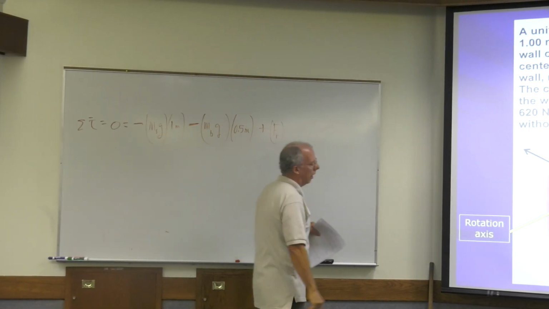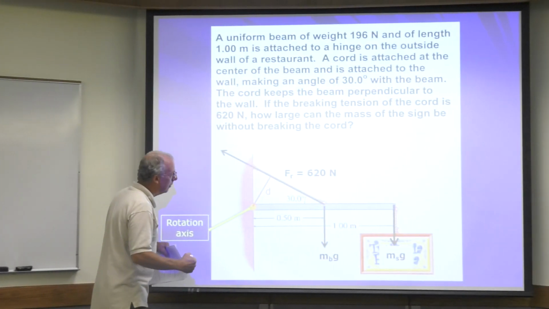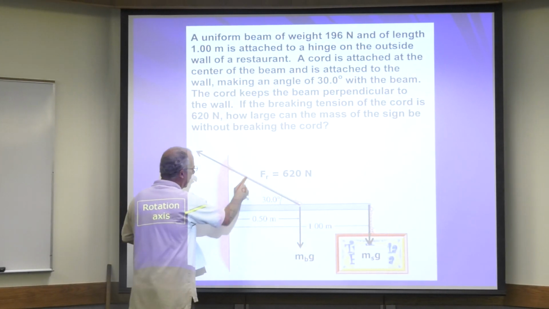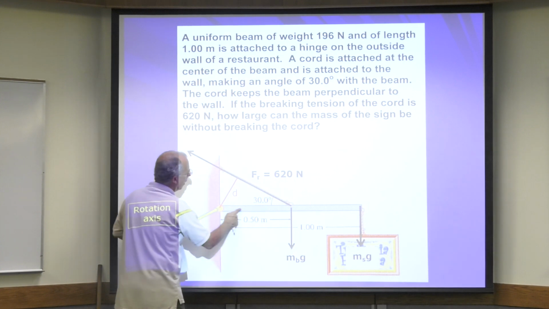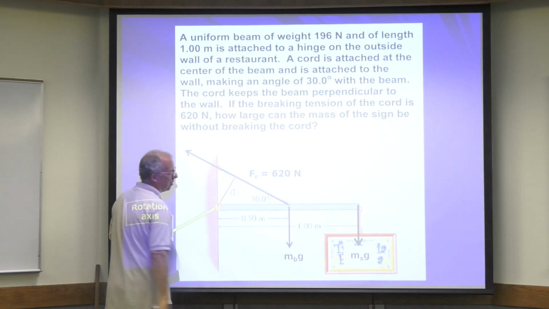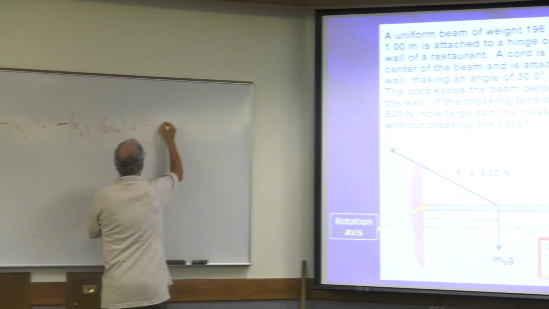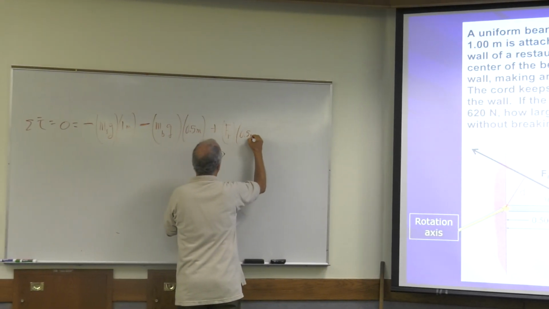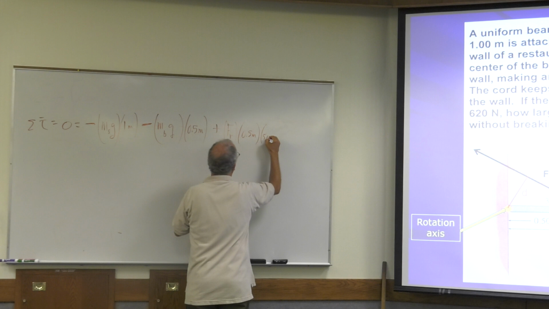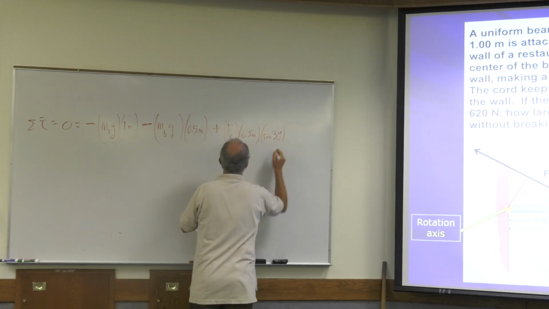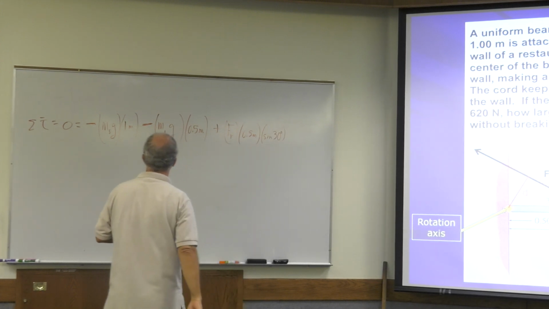Now, what's the lever arm? Remember, it's a distance, right? So what's this d? Well, this is a 1/2 meter. This is opposite, so it's sine, right? So it's 0.5 meters times sine of 30. And that has to equal 0.